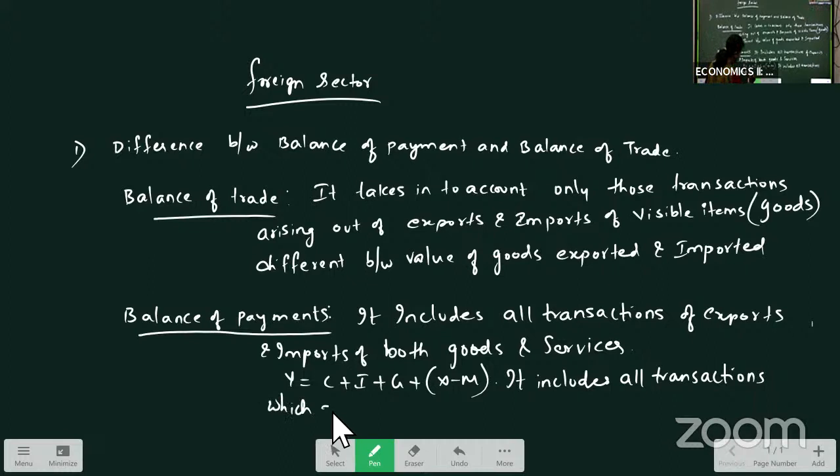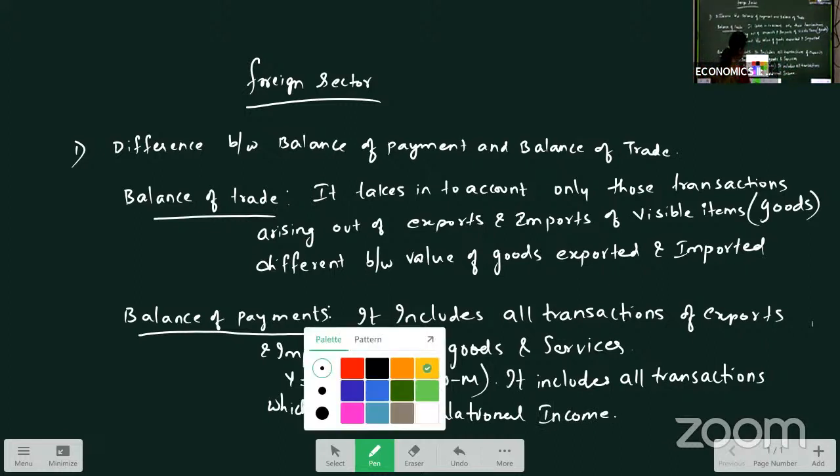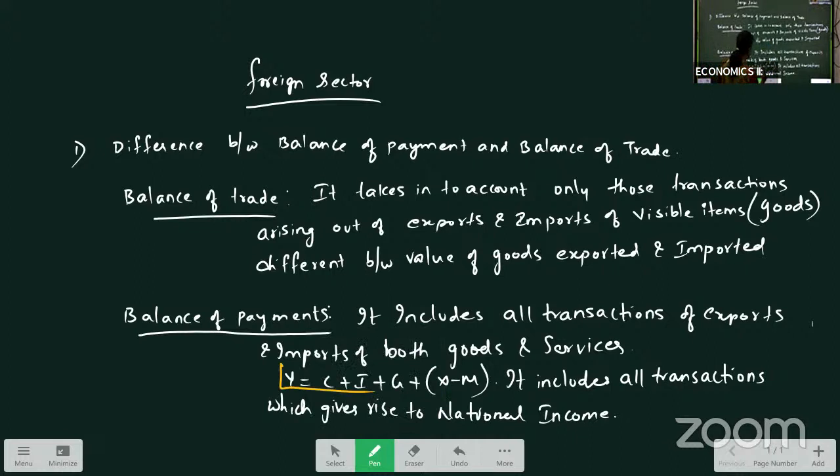In our national income, when we are calculating C plus I plus G plus X minus M, we calculate it now, right? So that means all the transactions, including both goods and services, are included in the balance of payment.